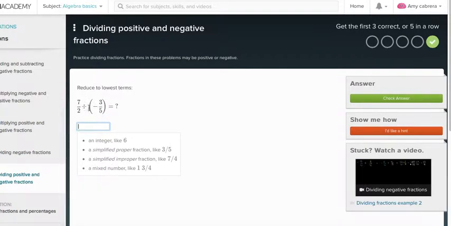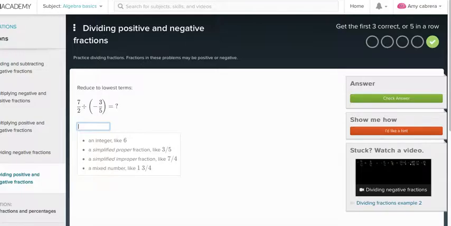Today we are going to be dividing fractions with integers. First we are going to use an example from Khan Academy, which is 7 over 2 divided by negative 3/5.